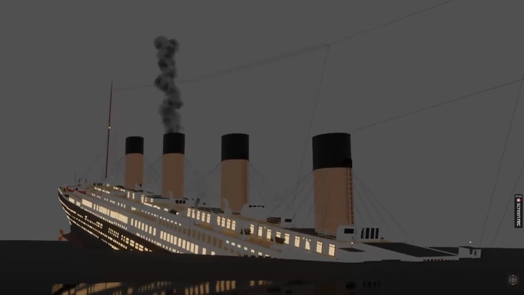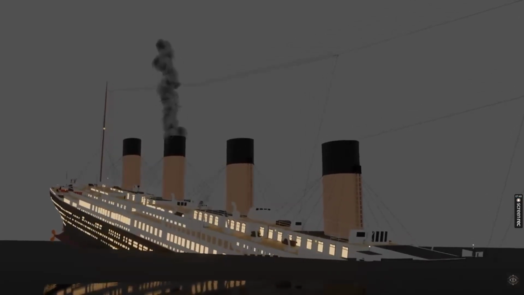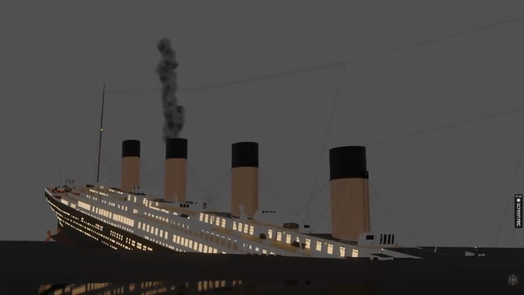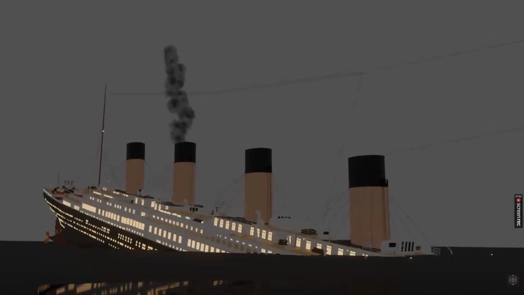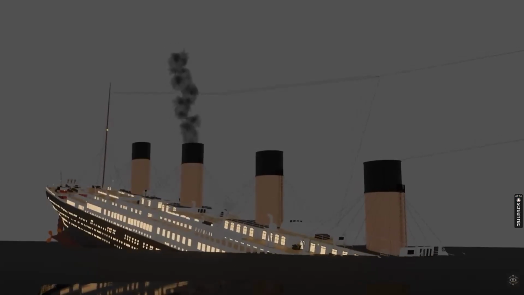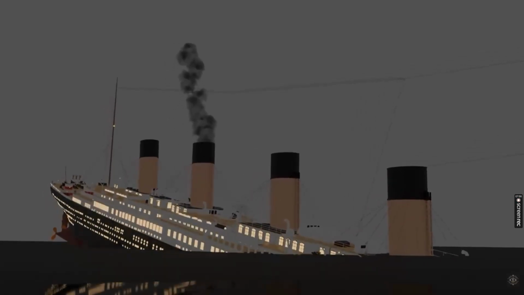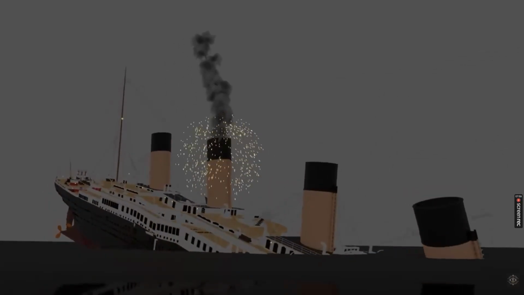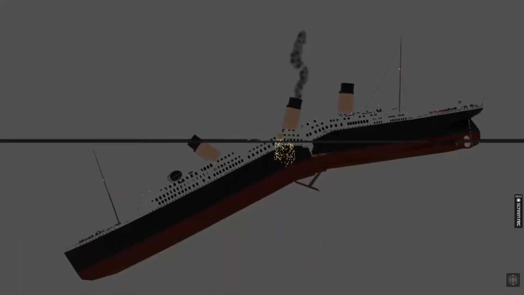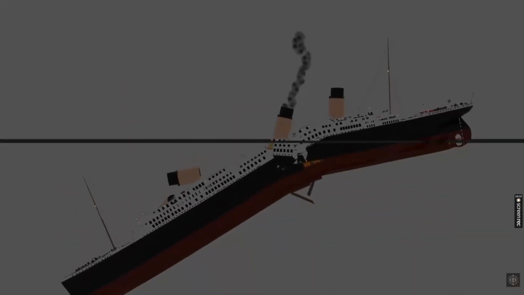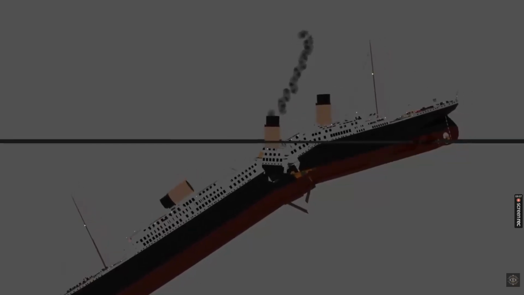Well, there's not going to be yet. When the ship's first funnel is collapsing, you'll see in a moment, the entire ship would break into three sections. Soon the second funnel collapses, and then the third was caught off balance and tumbles off the ship.